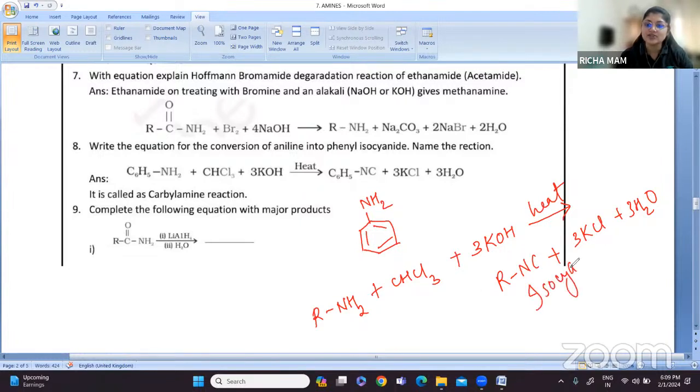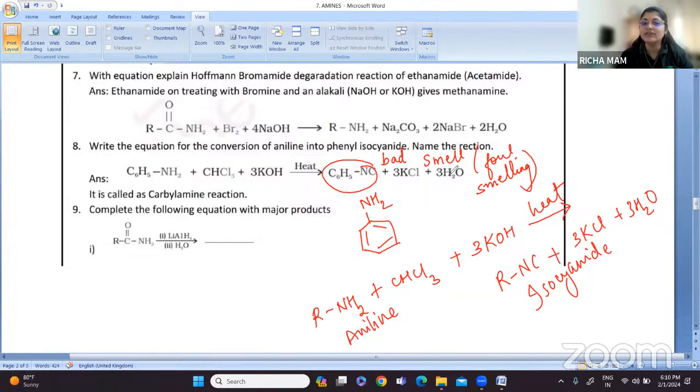So this is the reaction. If they ask you to explain carbylamine reaction, what you have to write is: when primary amines are heated with chloroform and alcoholic potassium hydroxide solution, foul smelling isocyanides are formed. Foul smelling means having a very bad smell.